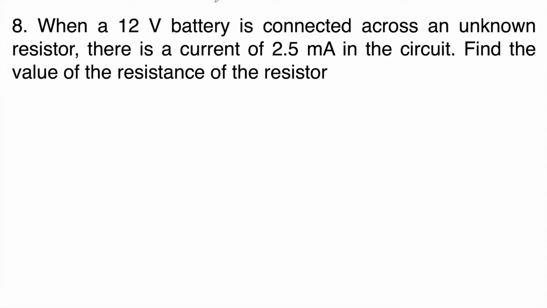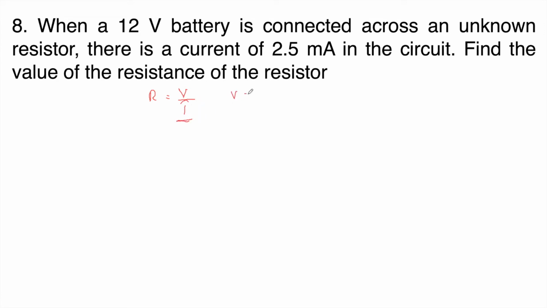Question number 8. When a 12-volt battery is connected across an unknown resistor, there is a current of 2.5 microampere in the circuit. Find the value of the resistance of the resistor. So we can use Ohm's law here to find the resistance. Resistance is equal to V by I. Both V and I are given here.